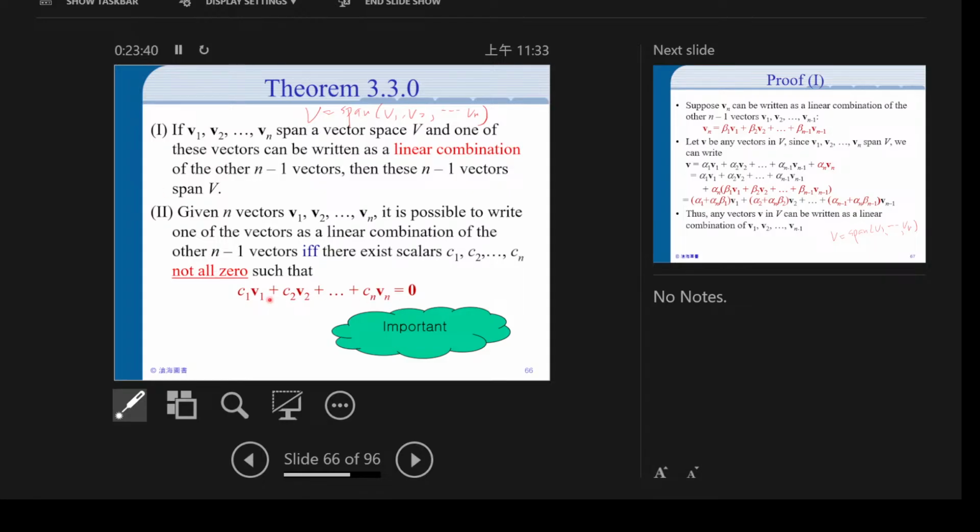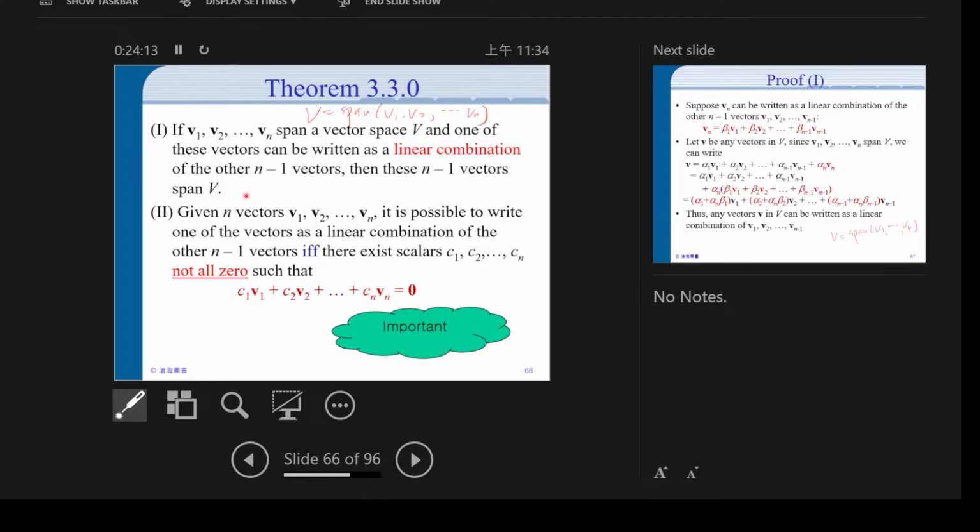It has two parts, and we will give a proof. First, you have a whole bunch of vectors that span some vector space V. It's really annoying, but this really should be a subspace of a larger space. Anyway, it spans some vector space V, and if one vector of them can be written as a linear combination of other vectors, then we don't need this vector. You can just use the other vectors to span V.